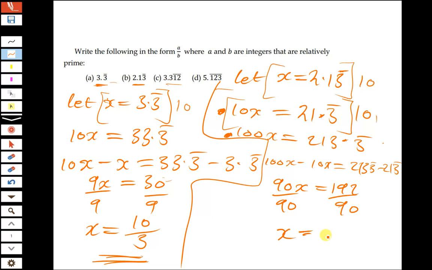So the value of x becomes, when you reduce this by dividing it by 6, you find that on top there you have 32, and then down here you have 15. So this is what you are going to have when you divide it by 6.